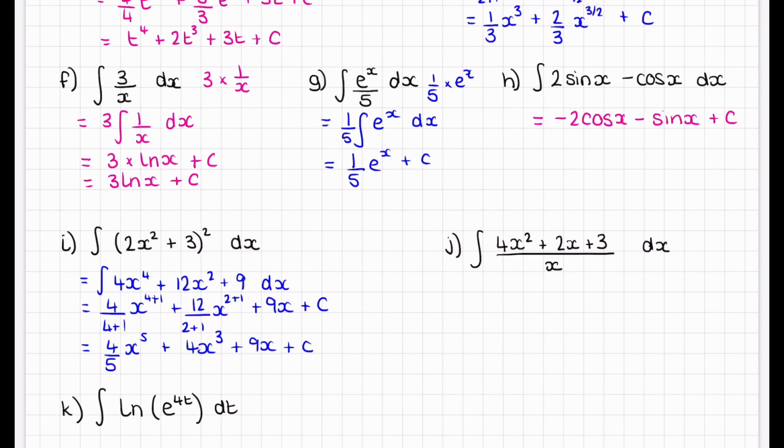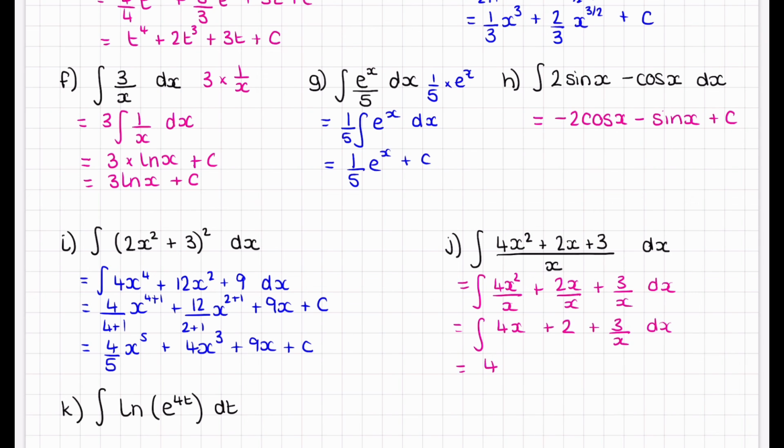Once again, we want to simplify this. Now the easiest way, in my opinion, to do this is to separate it into separate fractions. Simplify this, we'll have the integral of 4x plus 2 plus 3 on x dx. Then we do the integral.